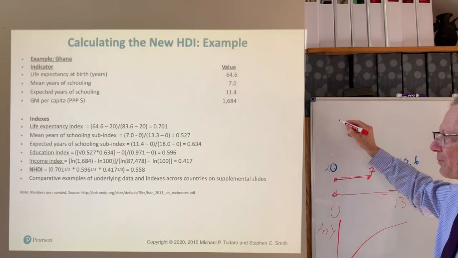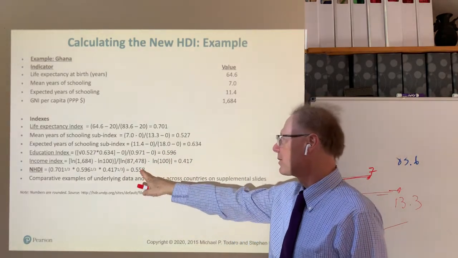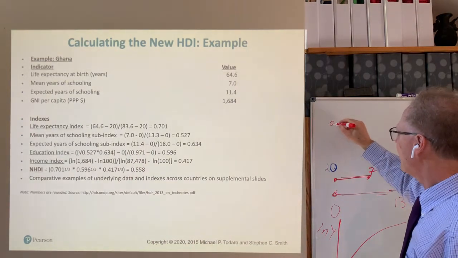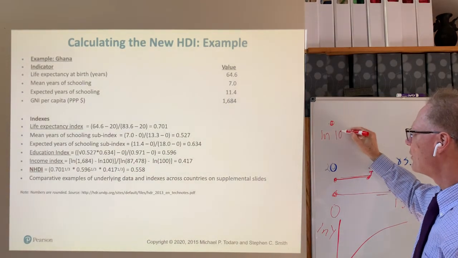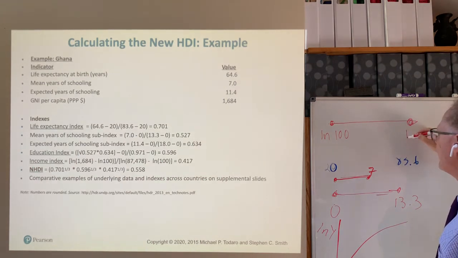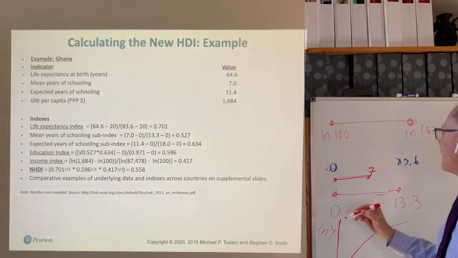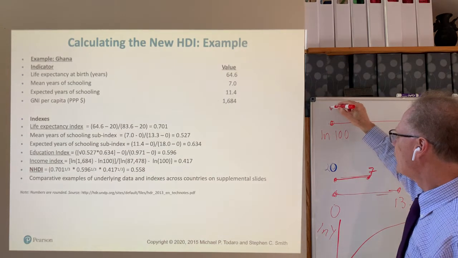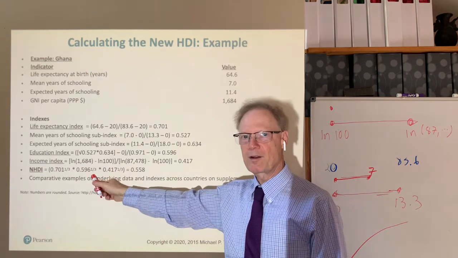That is to say, for the overall case, the highest income country is found in its index looking at the log of 100 as the lower goalpost, but it reaches the upper goalpost, which is the natural log of 87,000 and a few extra dollars. Right? For the case of Ghana, they start again with this lower goalpost of 100, but they only have $1,684.